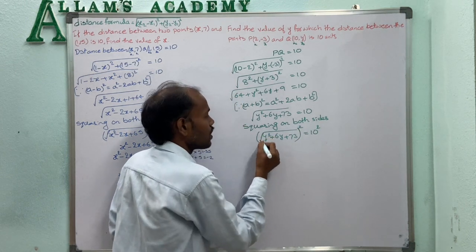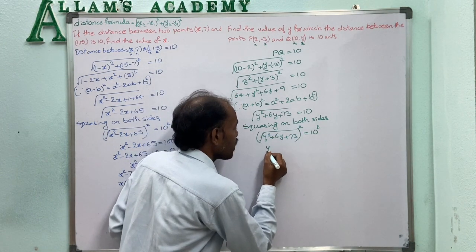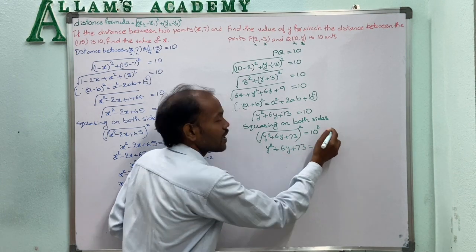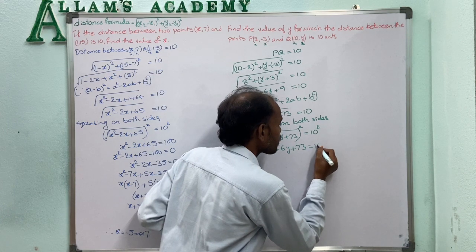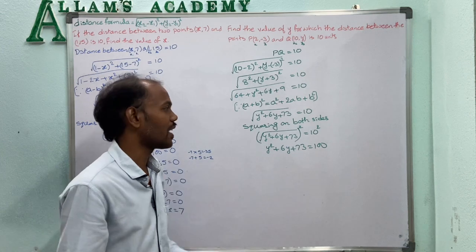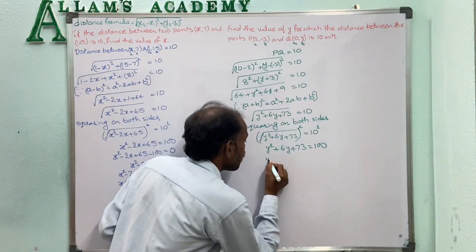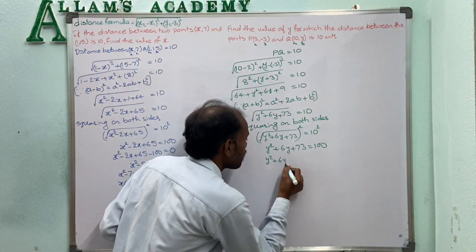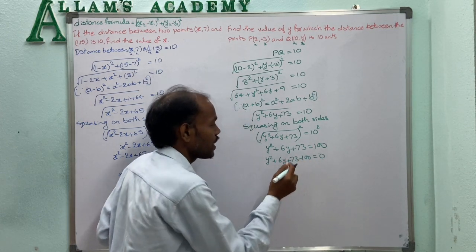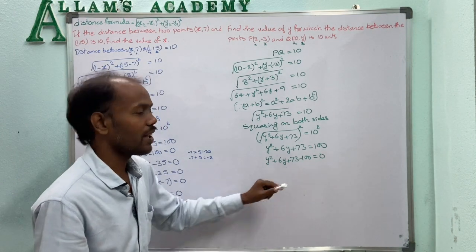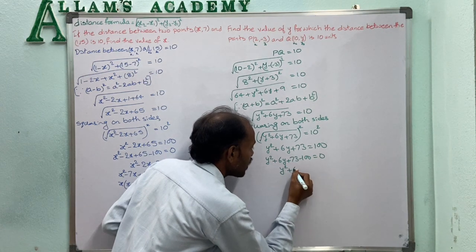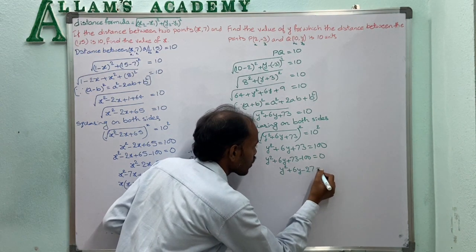So the square and square root will be cancelled. So y square plus 6y plus 73 is equal to 10 square, which is nothing but 100. Now this plus 100 on the RHS transfers to the LHS, that is minus 100. So y square plus 6y plus 73 minus 100 is equal to 0. Minus 100 plus 73 is nothing but minus 27.